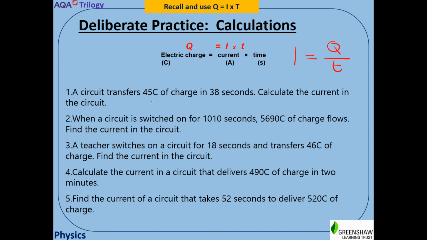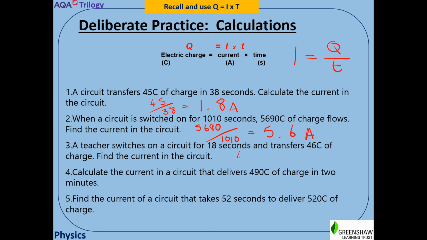So going through the answers then, we've got 45 divided by 38, which equals 1.8 amps. Here we've got 5690 divided by 1010, and that equals 5.6 amps.